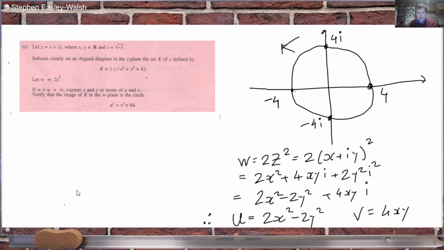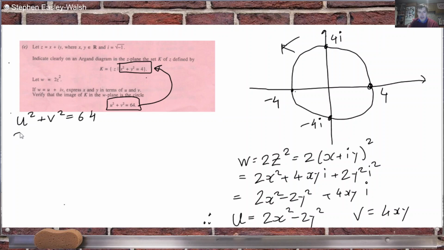Okay, so it just occurred to me that probably the easiest way to show that this is the image of this is just to show that this can be simplified back to this using the rule I have here. So u squared plus v squared equals 64.